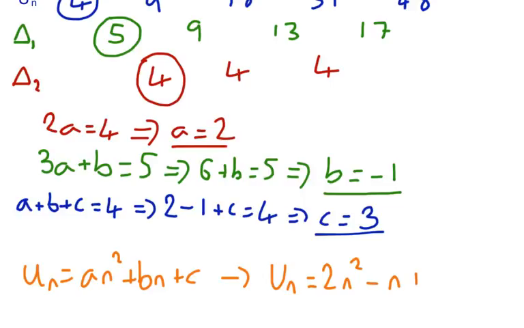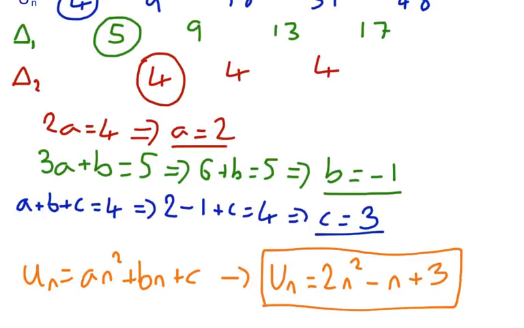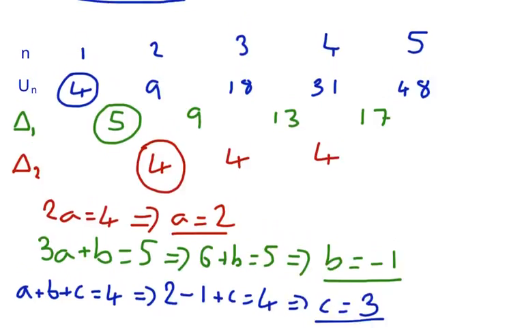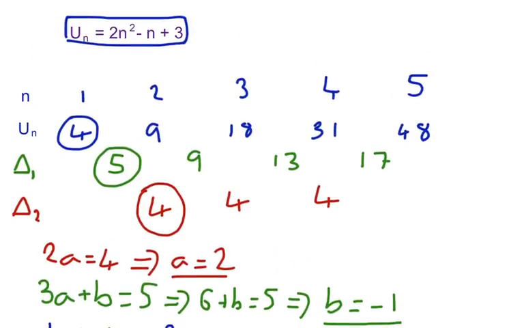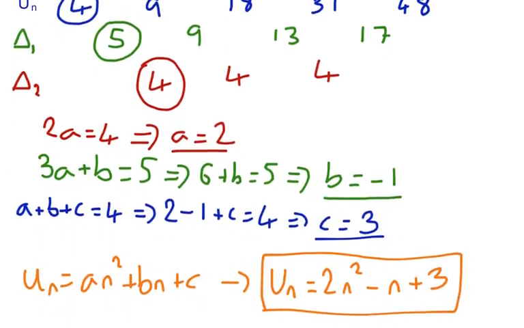And c is equal to 3, so we add on 3. And if we compare that to what we started with, we see that it is the same as the general quadratic sequence we started with at the beginning of the example.